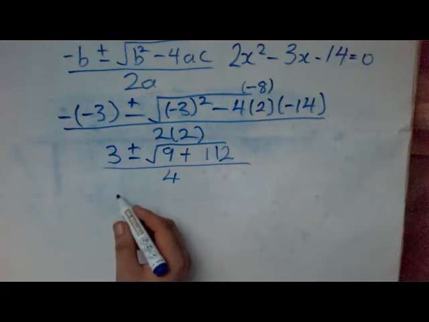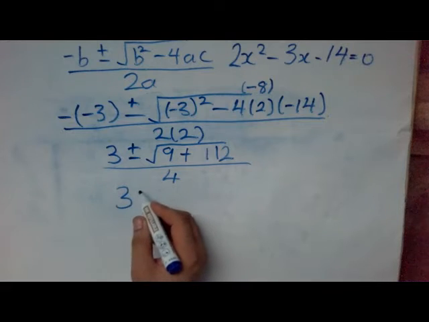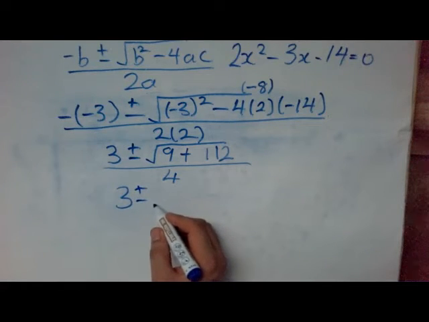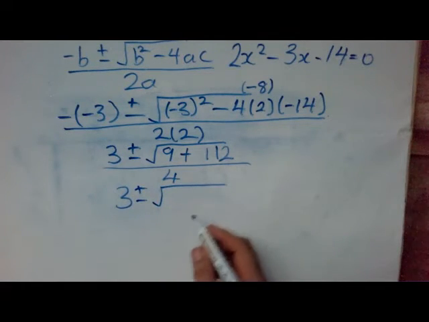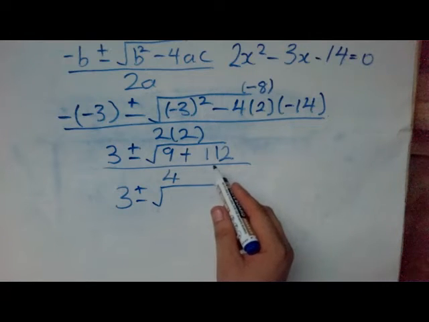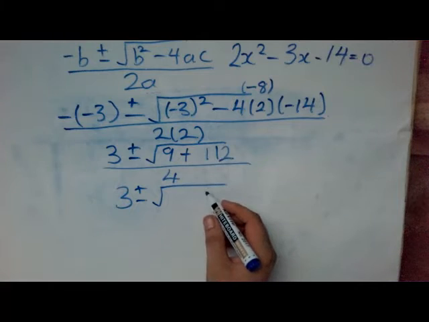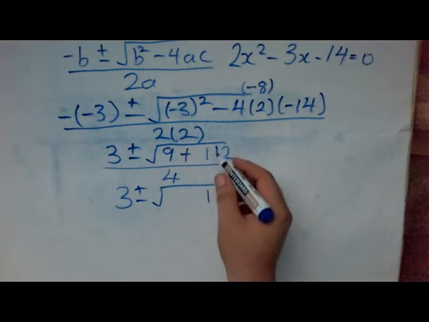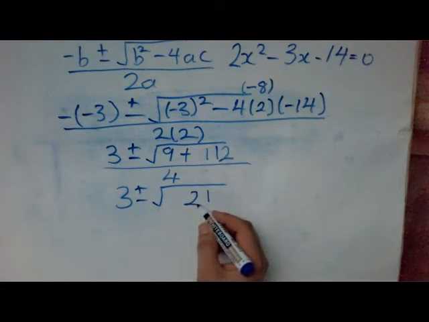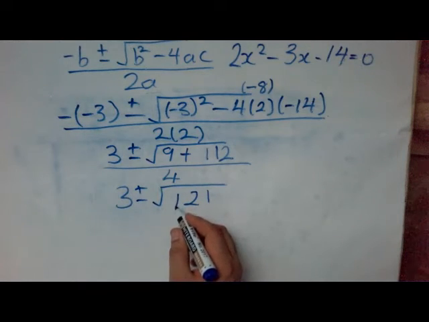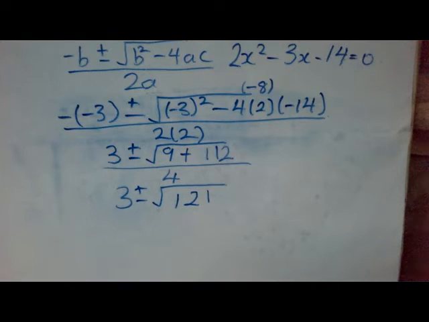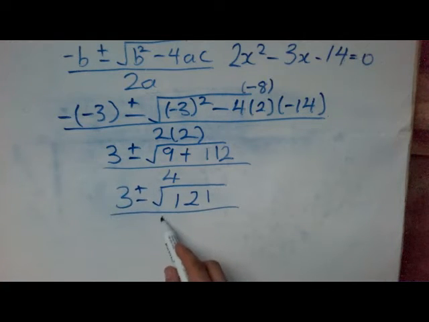We progress. We have 3 plus minus the roots of 9 plus 112. 9 plus 2 will give us 1. Carry 1, add it to this one, it becomes 2 plus this one. So 9 plus 112 will give us 121 all over 4.